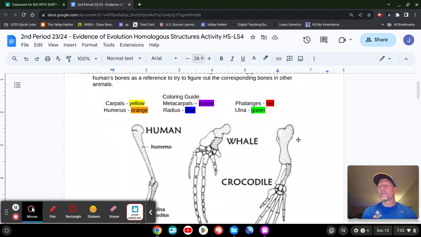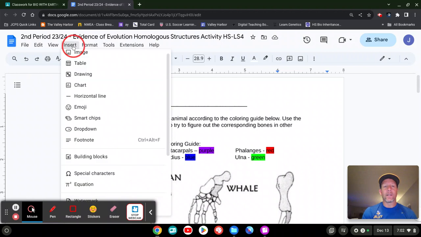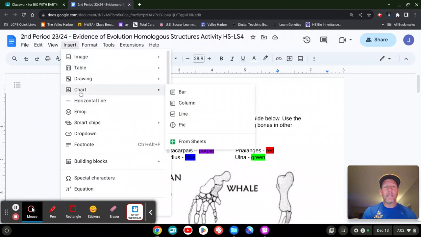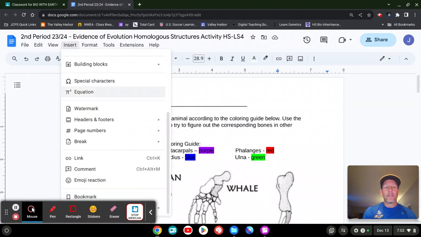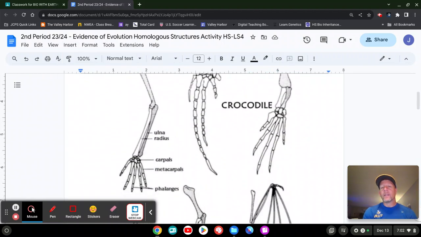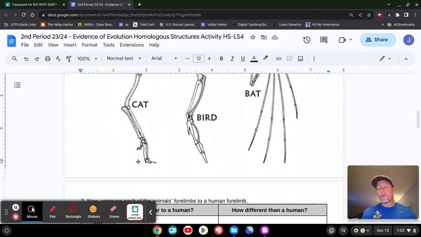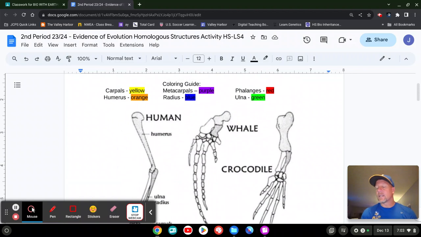Because I imported the picture, it's not going to let me add a text box. If I click on insert, I don't really even see the text box option. So I don't think it's going to let us insert pictures, but it's fine. So you can just color the first page on the other one, or we can just consider that an excess freebie and I'll give it as extra credit.